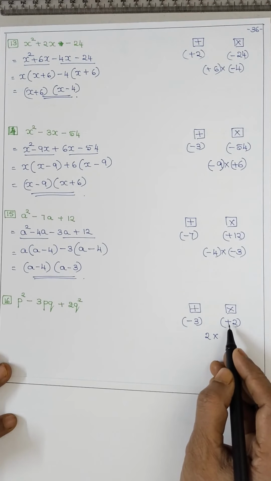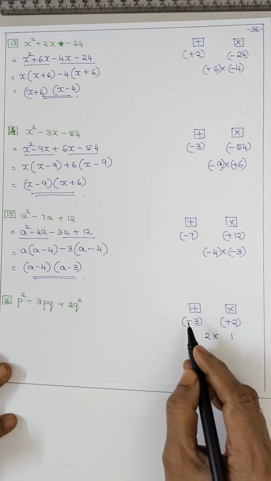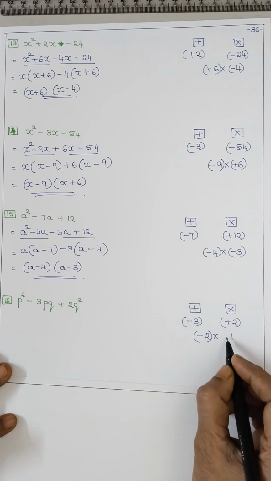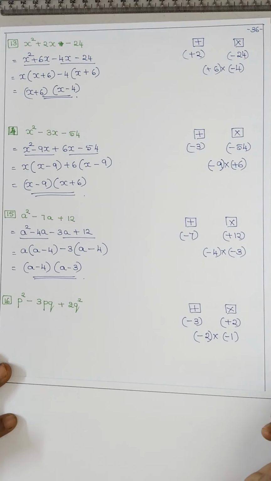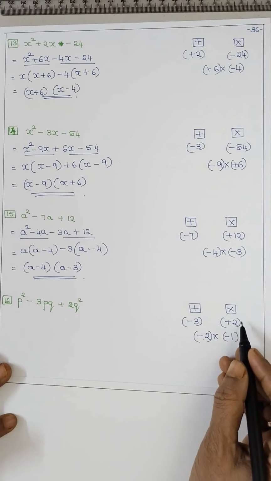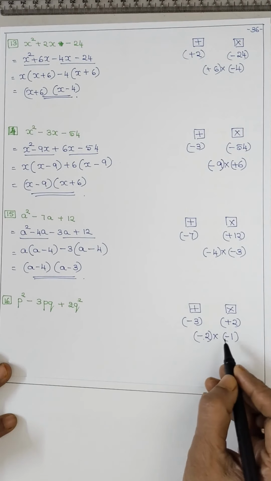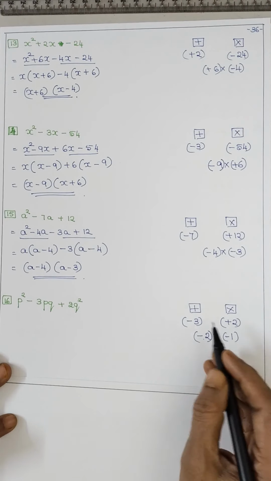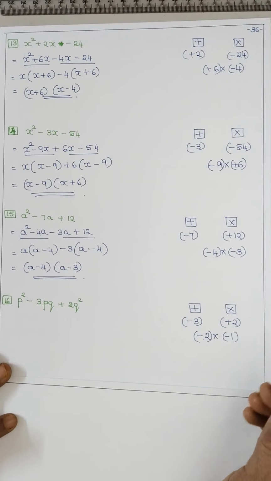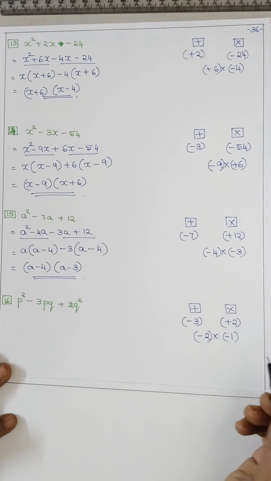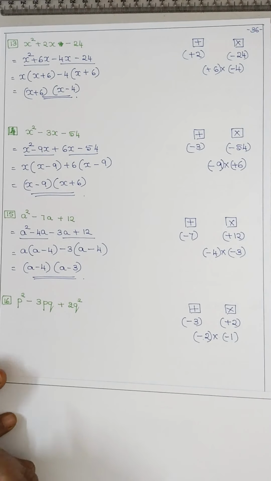It is plus, but here it is minus. That means both are negative. Both negative, when you multiply, it is plus. Both negative, add and put the same sign. That is why minus 3 can be written as minus 2 and minus 1.